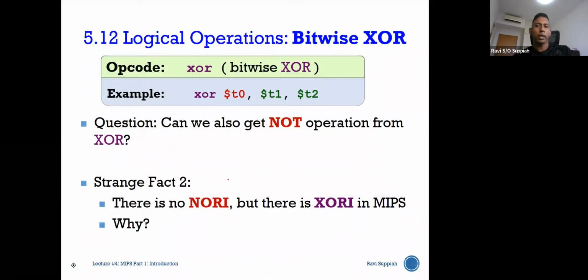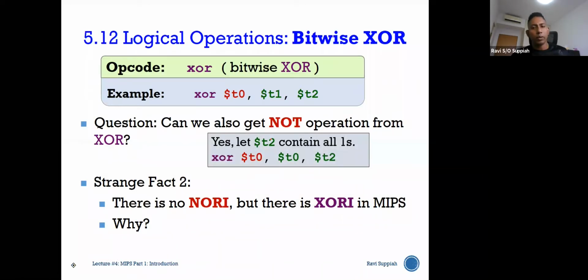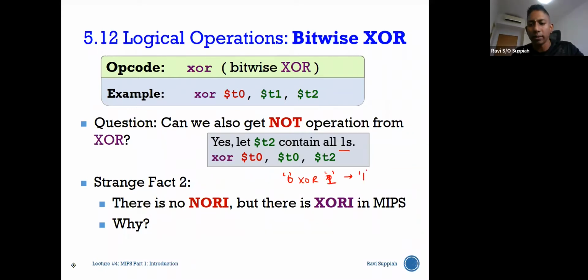Okay, so there is also an XOR operation. And we can also perform a NOT operation with exclusive OR, because of exclusive OR with a 1. So if I have 1 exclusive OR with a 0, the answer will be 1. 0 exclusive OR with a 1, the answer will become a 1, and a 1 exclusive OR with a 1 will become a 0.